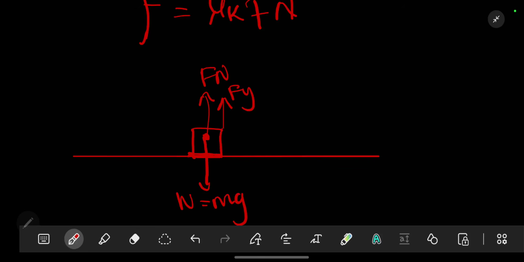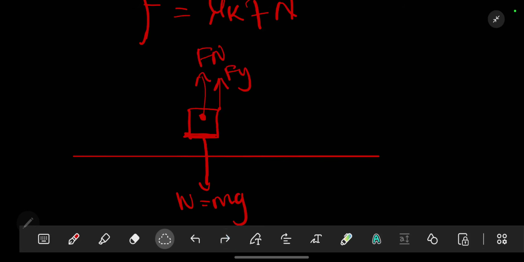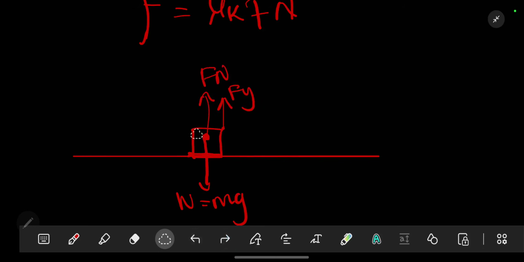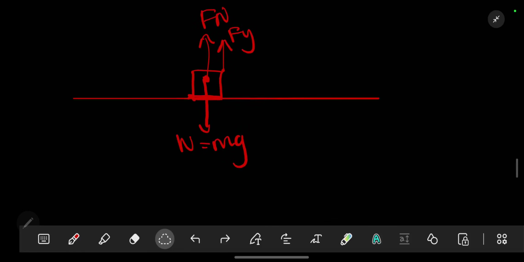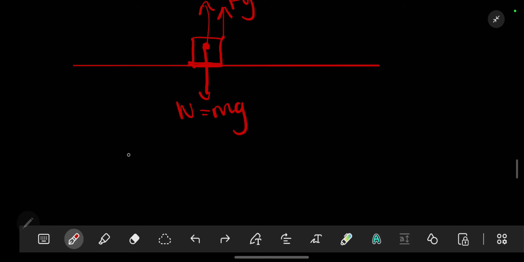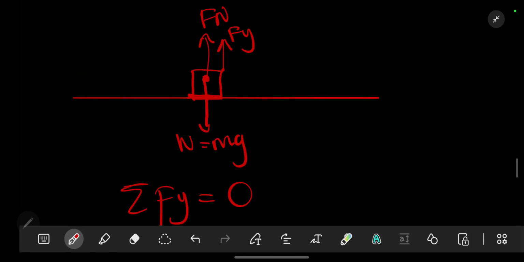If they are to keep in contact, because if these forces get too large, the cube can go up, then if you subtract the upward and the downward forces, it should be equal to 0. So using Newton's second law, the summation of forces in the y should be equal to 0, so that the cube is maintained in contact with the horizontal surface.